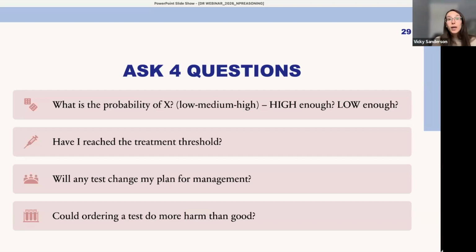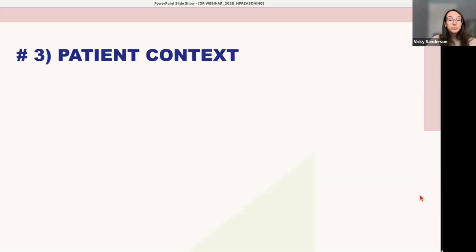So the risk of getting a false positive result, which can lead to a cascade of unnecessary investigations and patient anxiety. So these four questions, I always ask myself when I'm in doubt about where to go next in that diagnostic pathway, whether more tests are needed, can really help ground you and force you to think through that case and order tests more judiciously.